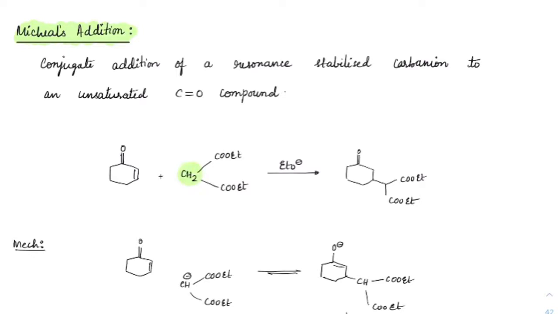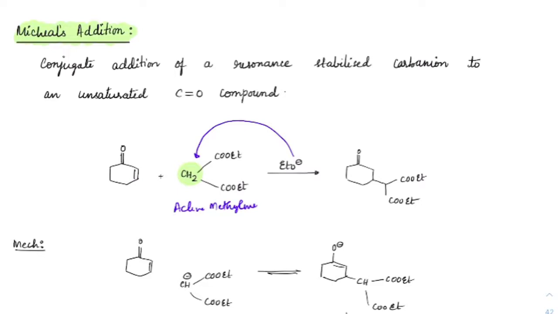So this is an active methylene group. Basically, the EtO minus, the base, will extract the proton from the active methylene and make it a nucleophile. And this nucleophile will attack on the 1,4 position, which means on the conjugated position. So therefore, this will become a conjugate addition.